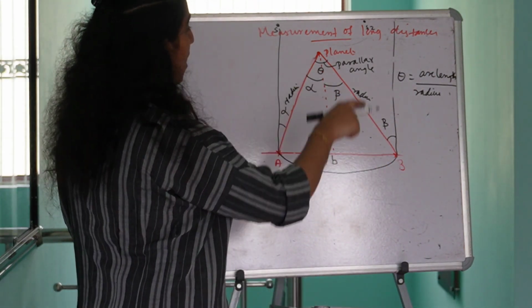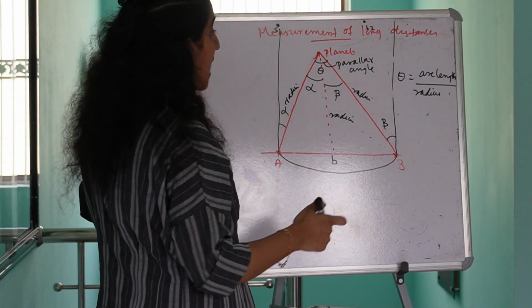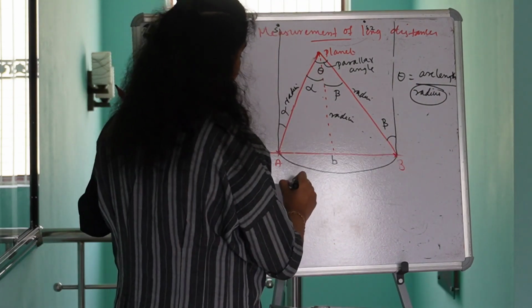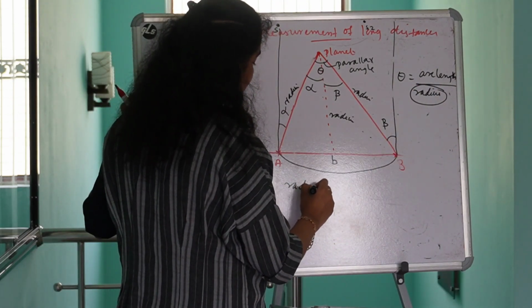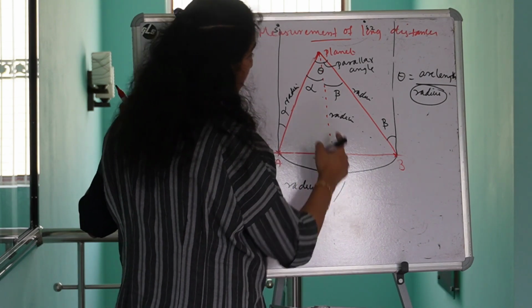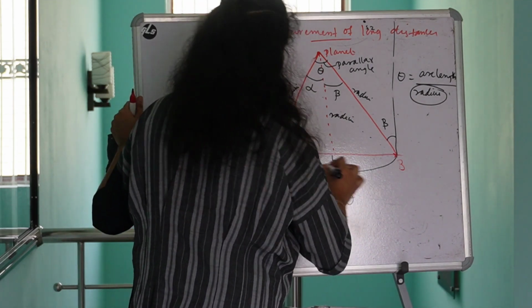Substituting all these values in this equation, I can find the radius. In this case, what is the arc length? It is b. And the angle at the center, that is theta, is the parallax angle.